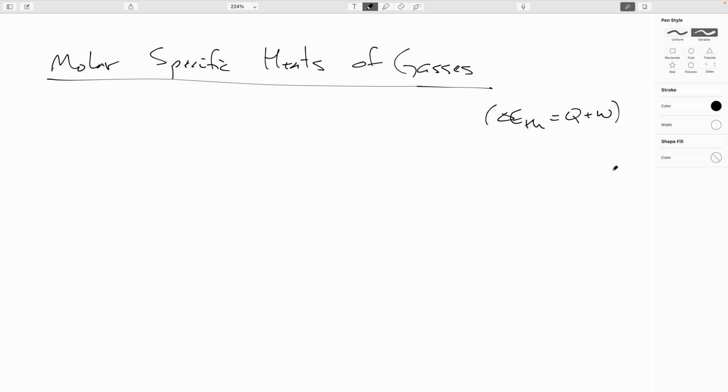So it turns out that we can't just cleanly write a single heat equal to the number of moles times C times delta T. Well, you can, as long as it's C for the specific process. So this is the key thing: it's process specific.